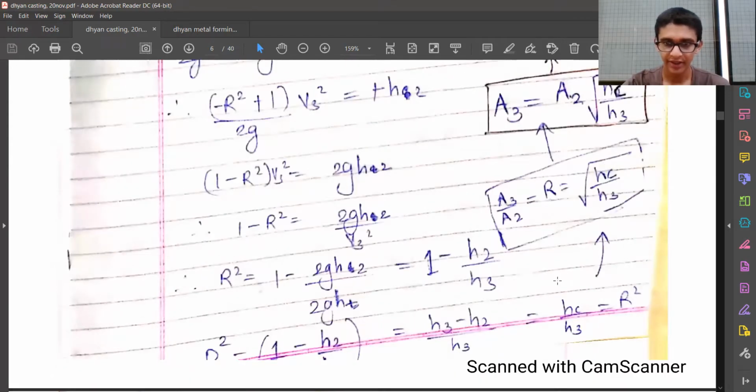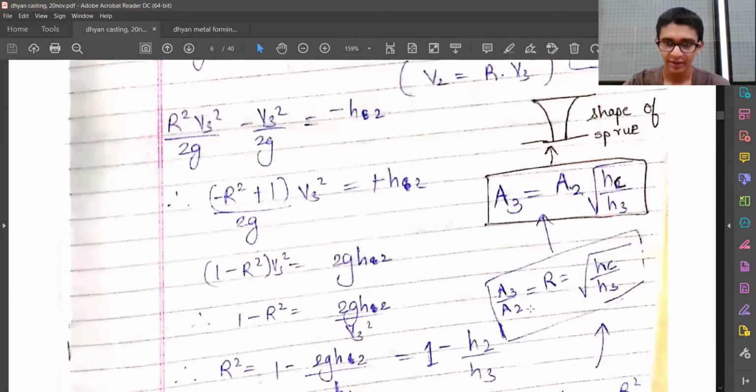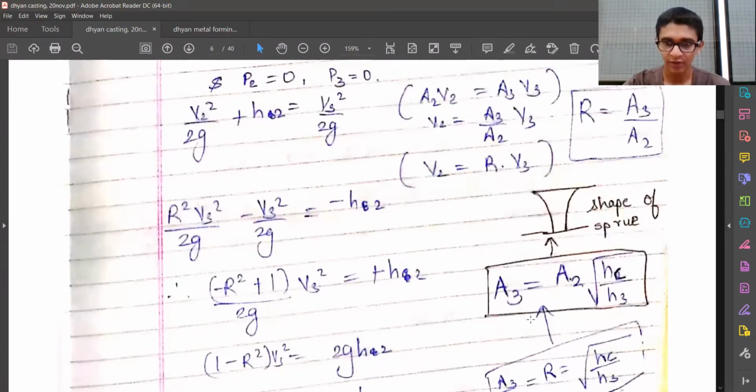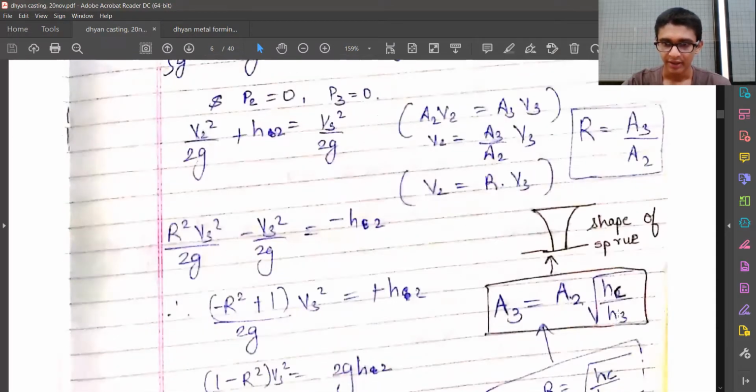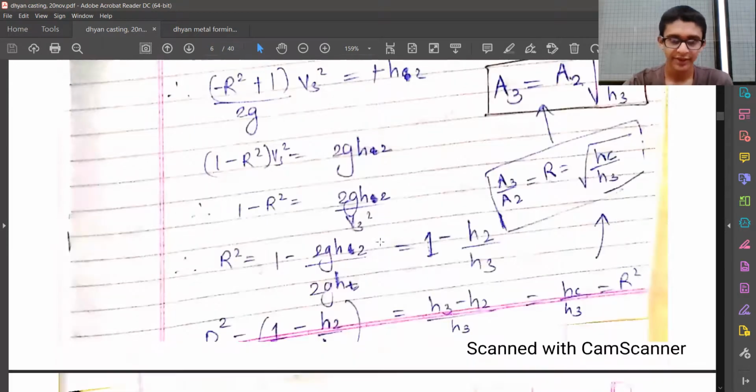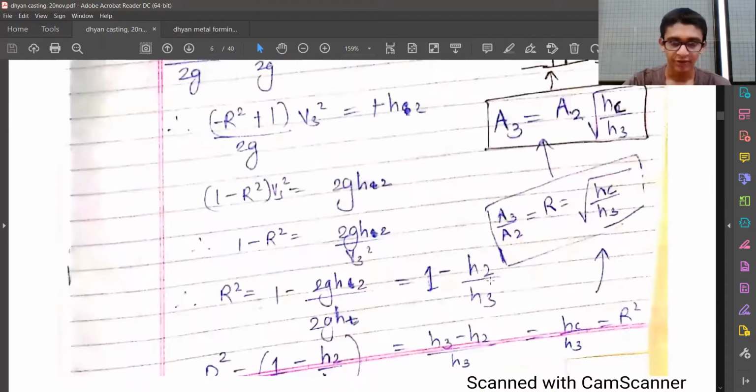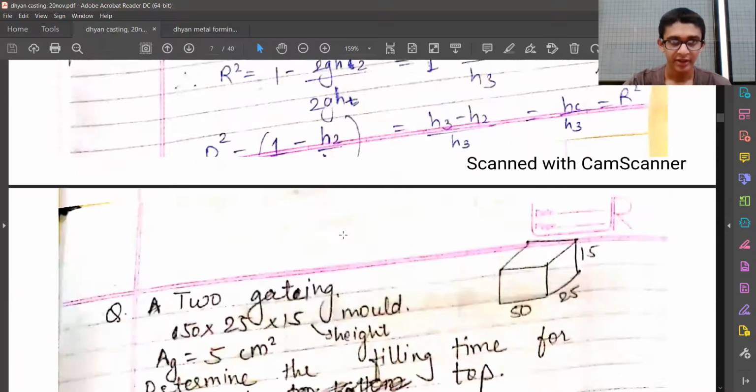So from there I am making the inference. From here I go here, and that's how my A3 is equal to A2 into Hc by H3. Hc is the smaller height, H3 is the larger height, hence my A2 will be larger and A3 will become smaller. So whatever this constant value is, into a factor which is smaller than 1, which means A3 will be smaller than A2. Fine. So that's how I have derived the thing.